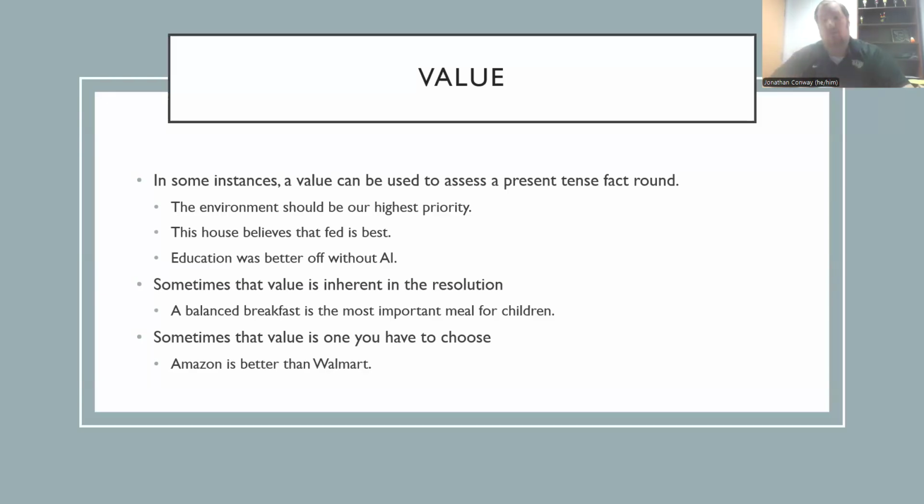You might also use on balance more true than false, and then have these different values as your main contentions. Right? So that's why I like kind of putting these two next to each other because you can think about it on balance more true than false because Amazon's more accessible, Amazon's better for the environment, Amazon's better for this. So because it's better in these three values or contentions, reasons, it is therefore improved or better.